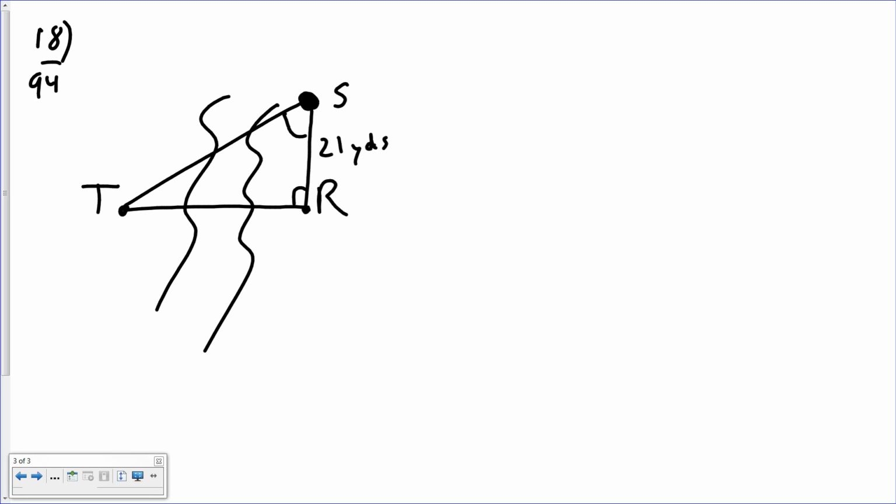South 18.2 degrees west. Should make sense in your drawing. Now the question is, how far is it from the rock to the tree? What is your x? Now that you got that set up, that's a very simple SOHCAHTOA question.